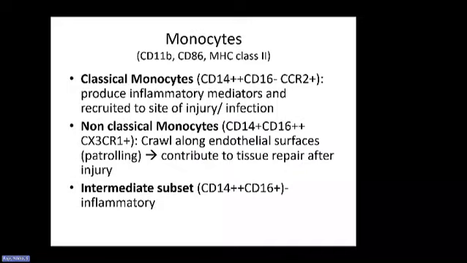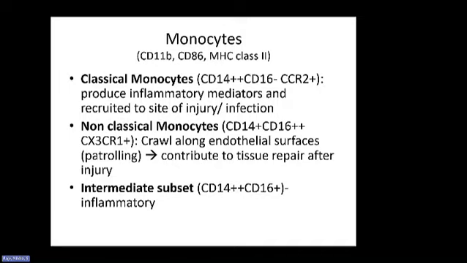Monocytes have these particular markers on their surface. So CD11b and CD86, MHC class 2, all of these markers are on them. Also, they have some other markers that are used to classify them as classical and non-classical monocytes. Classical monocytes are what we know of as monocytes.